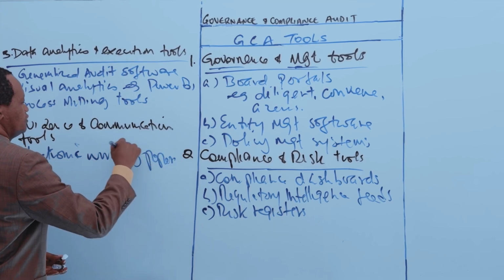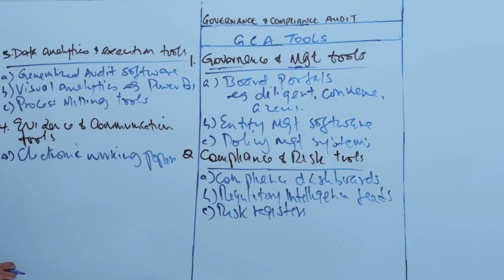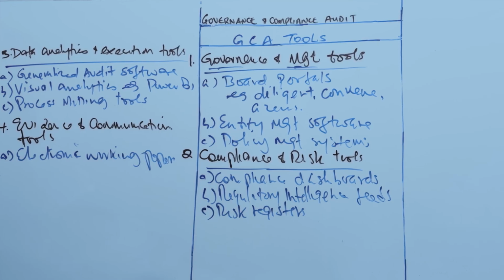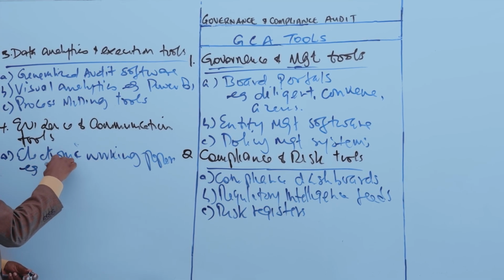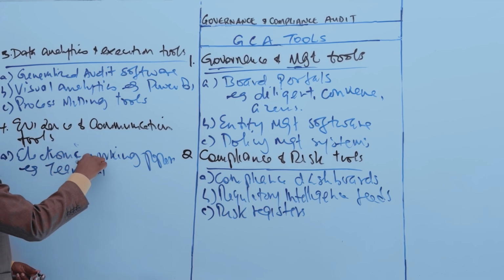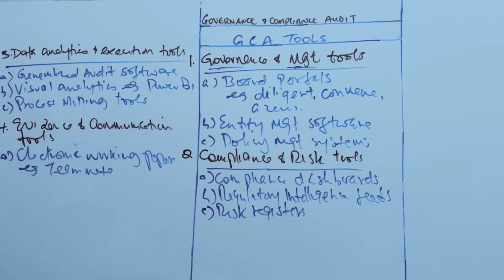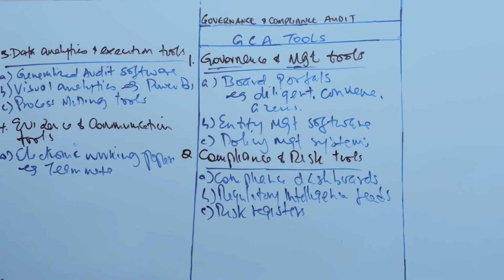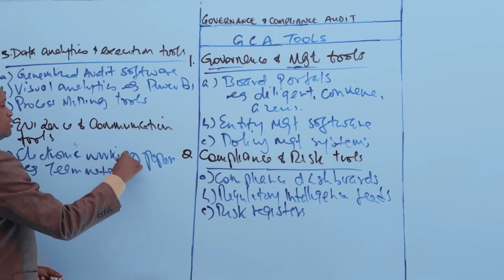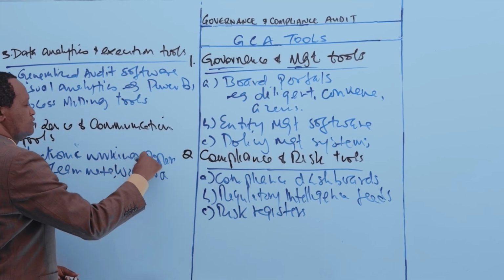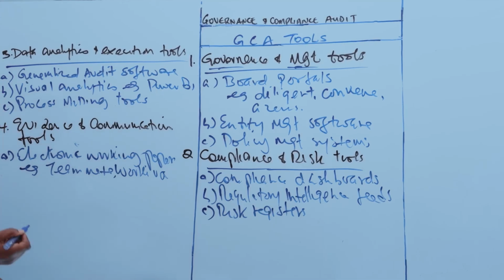Instead of having the physical working papers in files, you may also have electronic working papers, like software such as Teammate and Workiva.